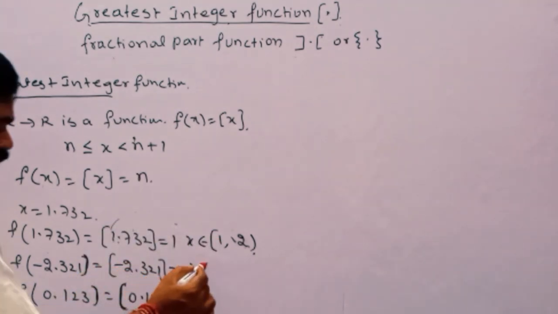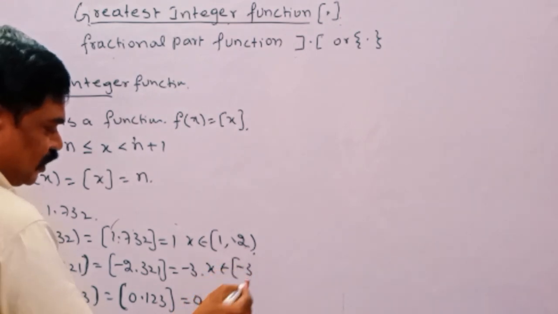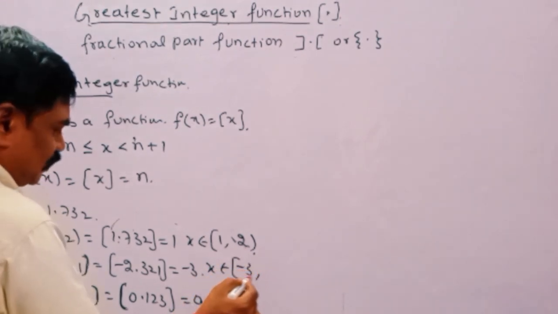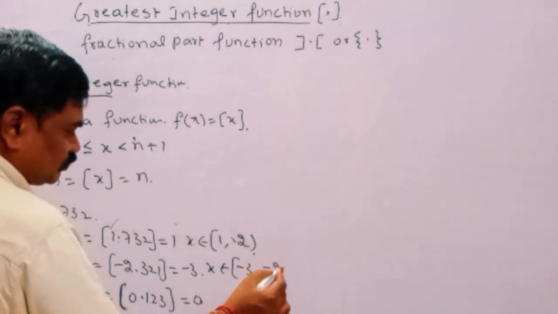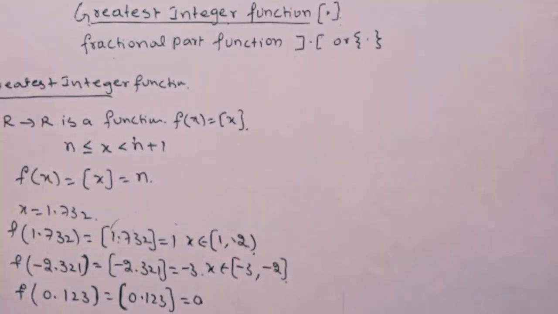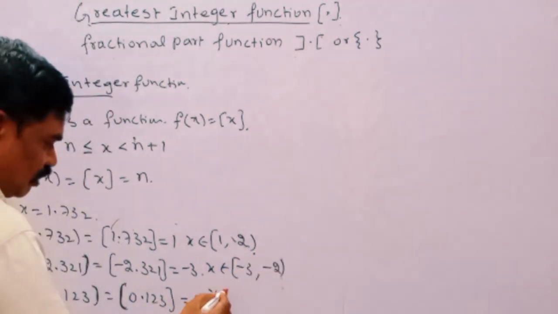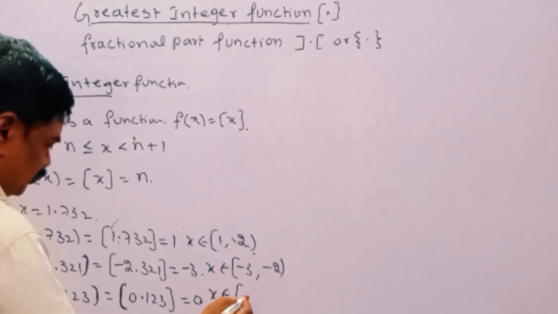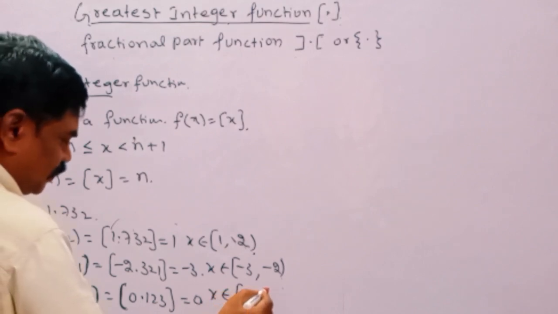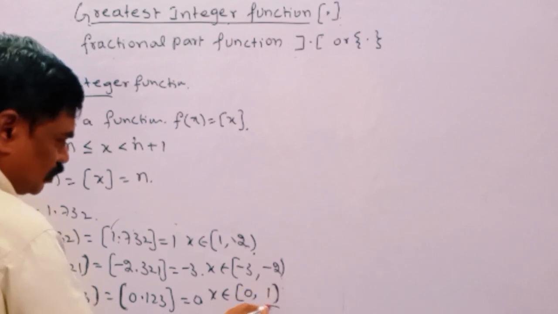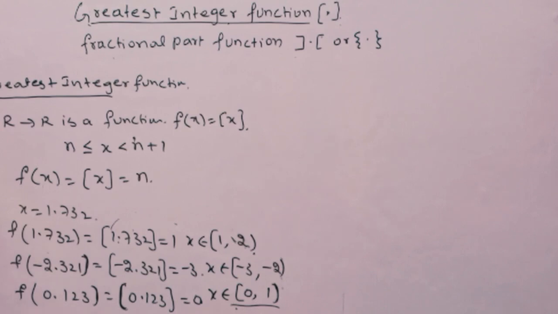Similarly, x belongs to the closed interval -3 and open interval -2. Here x belongs to the closed interval 0 and open interval 1. So this is the range of this function.